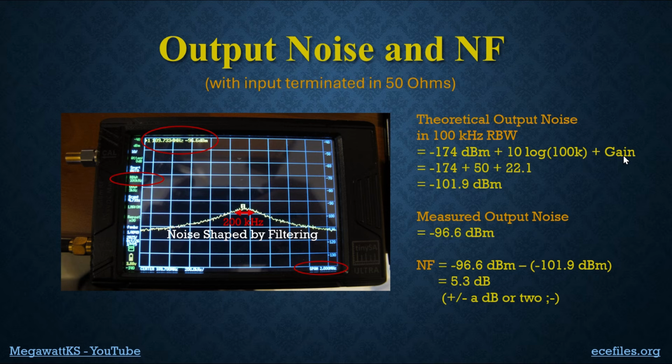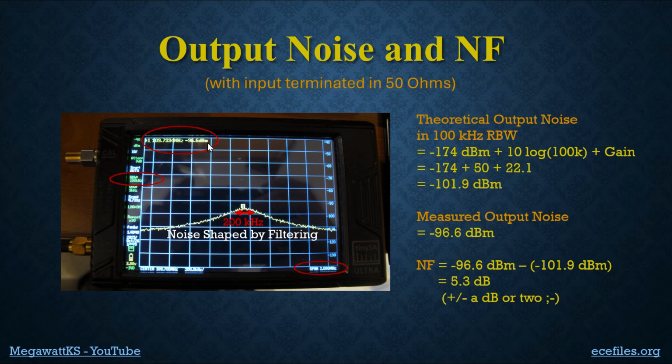And then we have to add our gain because we're going through the amplifier. So we get minus 174 plus 50, that's 10 log of 100K, and the 22.1 that we previously measured for our gain. And that works out to be minus 101.9 dBm. This is what we should have coming out.